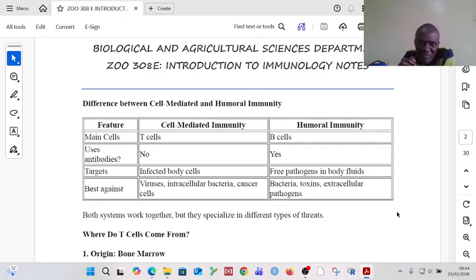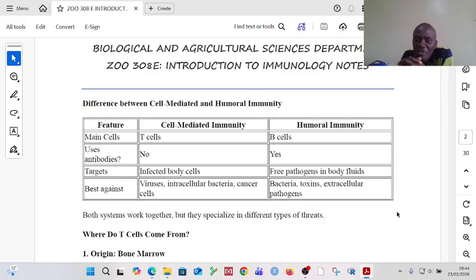Cell-mediated immunity works best against pathogens which live inside cells. So things like viruses, the intracellular bacteria like the Mycobacterium TB, and other cancerous cells. Okay.